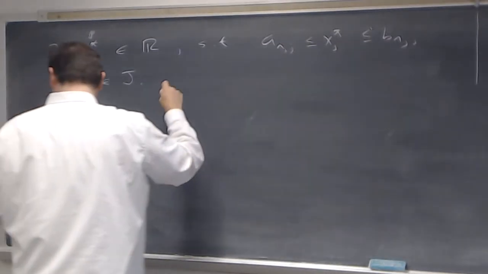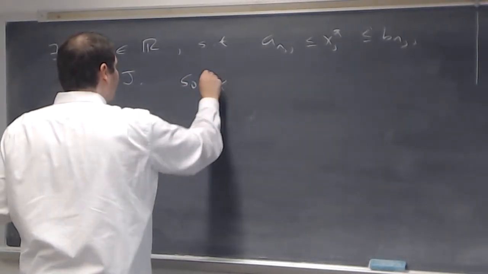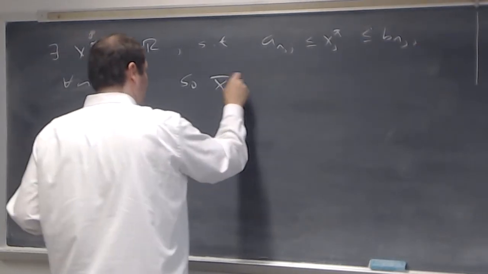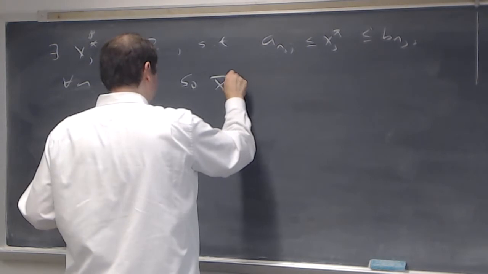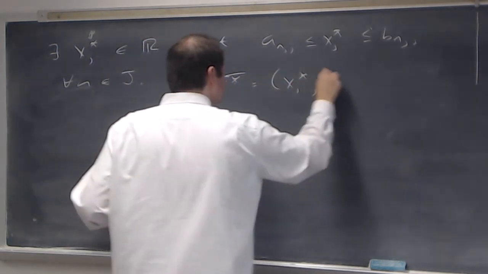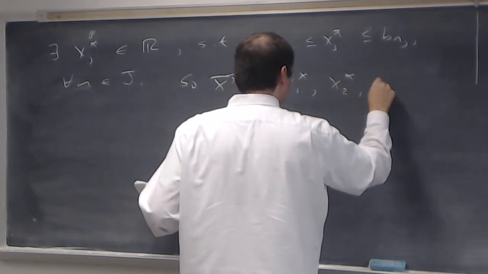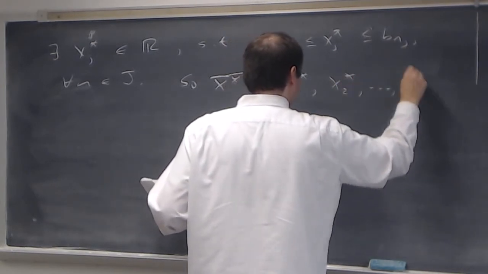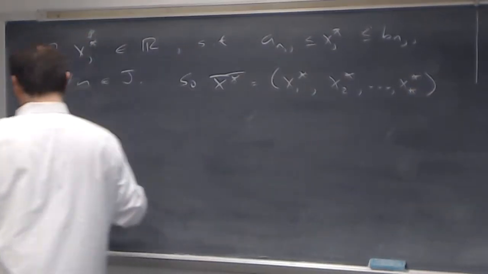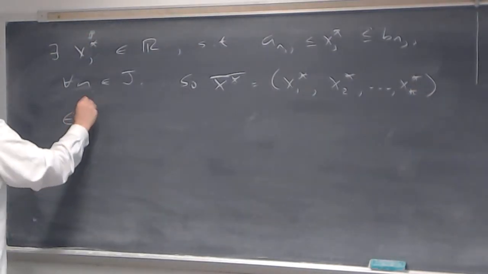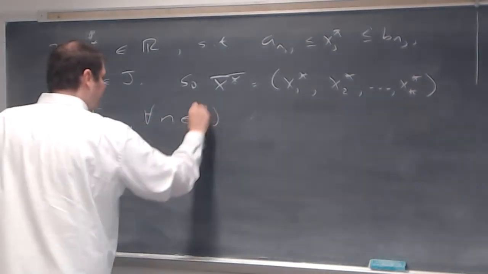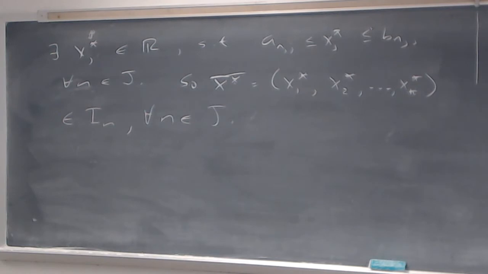That's what happens. So if we look at the corresponding point in k-space, we call it x bar star, which equals x1 star, x2 star, all the way up to xk star. Then this will be an element of I sub n for all n in the natural numbers.